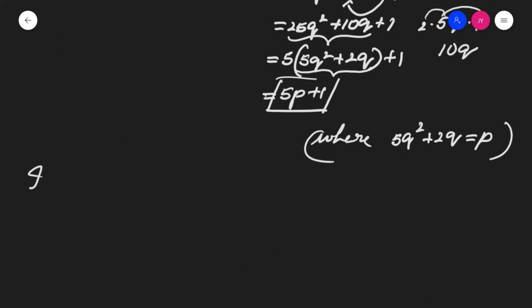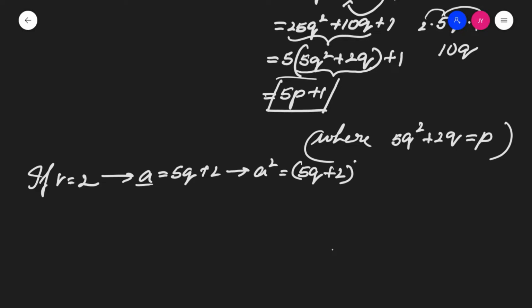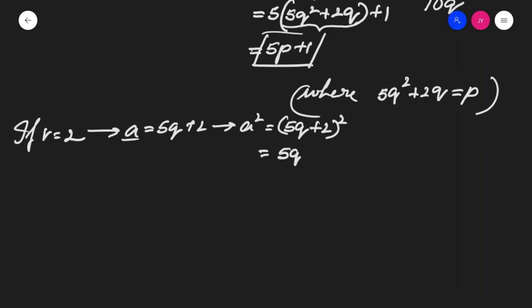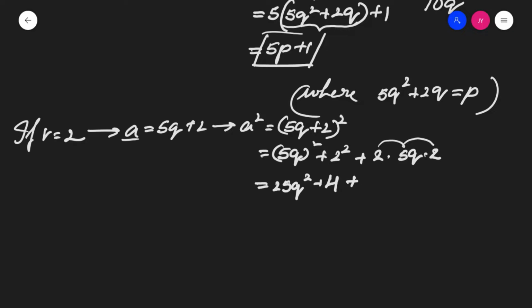Next, third case, if r is equal to 2, then a is equal to 5q plus 2. We have to square this integer, so a square is equal to 5q plus 2 whole square. Again, according to the identity, it is equal to 5q square plus 2 square plus 2 into a into b. So 5q square, we already did it, it's 25q square. 2 square is 4, plus, what are the real numbers here? 2, 5 and 2.